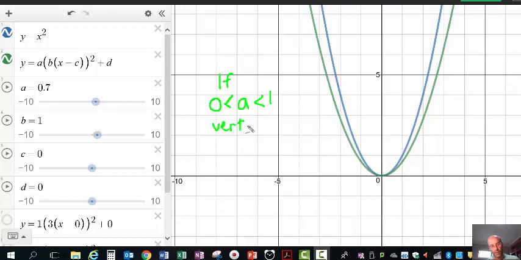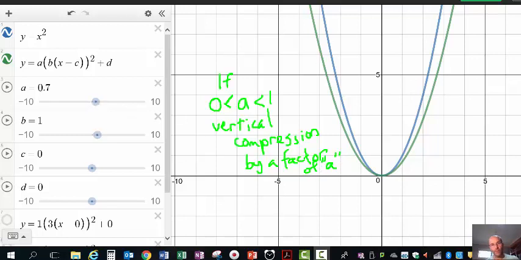So it's a dilation as well, vertical compression by a factor of A. It's a dilation and a shape change. It's whatever the value of A is.